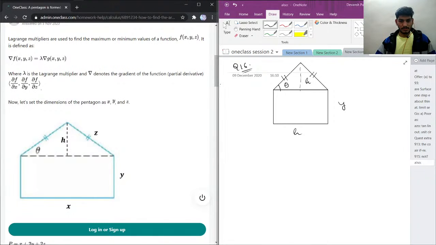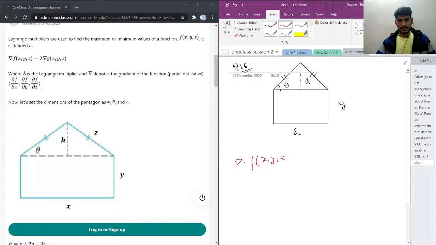Okay, so let's see the solution. I'll use the red pen. So we have a function of x, y, t equal to lambda times the gradient of another function, where lambda is the Lagrange multiplier and this sign denotes the gradient of the function, or partial derivative.